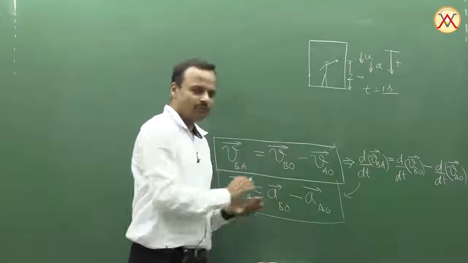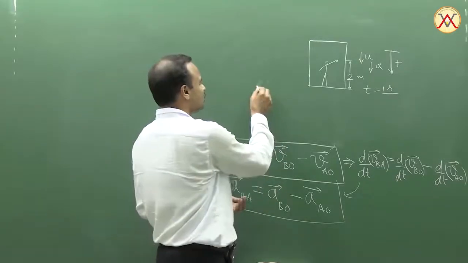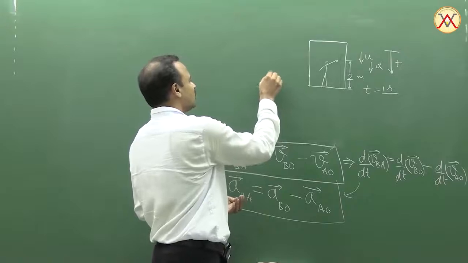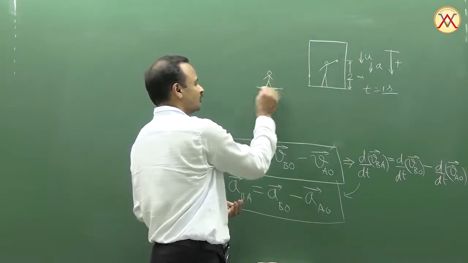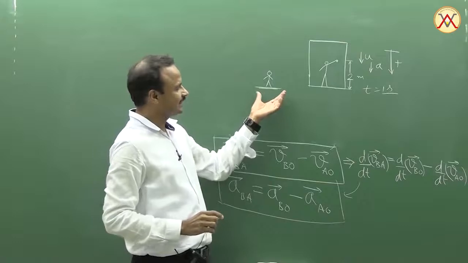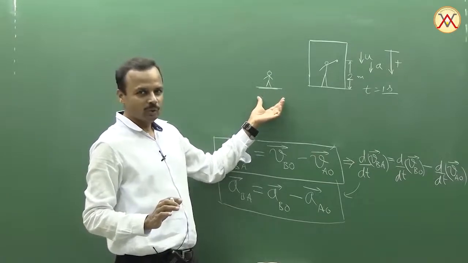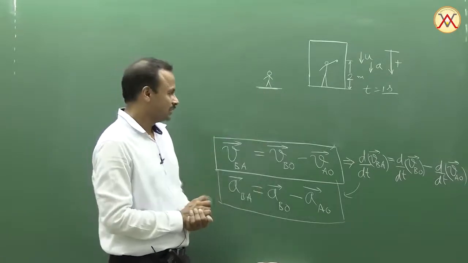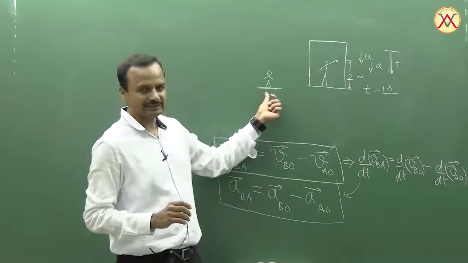Alright, now I am doing this without the knowledge of relative motion, or you can say from the point of view of a ground observer. If the observer is stationary in the earth frame of reference, what will he observe? First of all, what will be the displacement of the coin for this elevator?